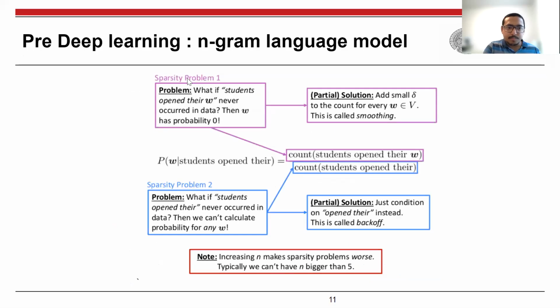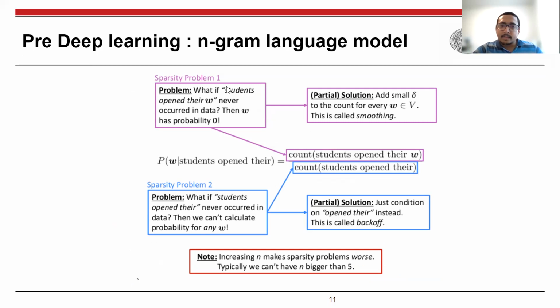So what are the problems of this particular n-gram model approach? One of the problems is sparsity. What do we mean by sparsity? It is easily possible that some specific n-gram is actually not present in your training data.